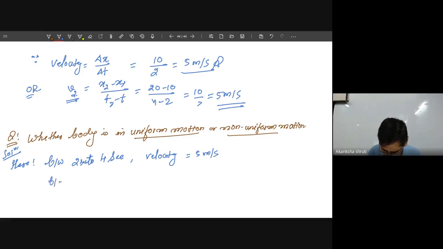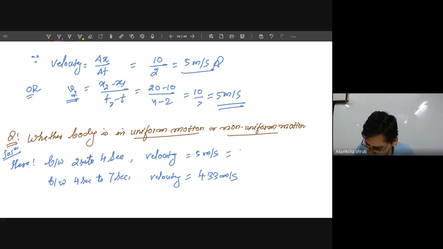And between the 4th second and even the 7th second, what was the velocity? This was 4.33 meters per second. And students, we know that for uniform motion the speed or the velocity must be the same. Here we are not considering any direction change, so in speed or velocity we are considering the same.